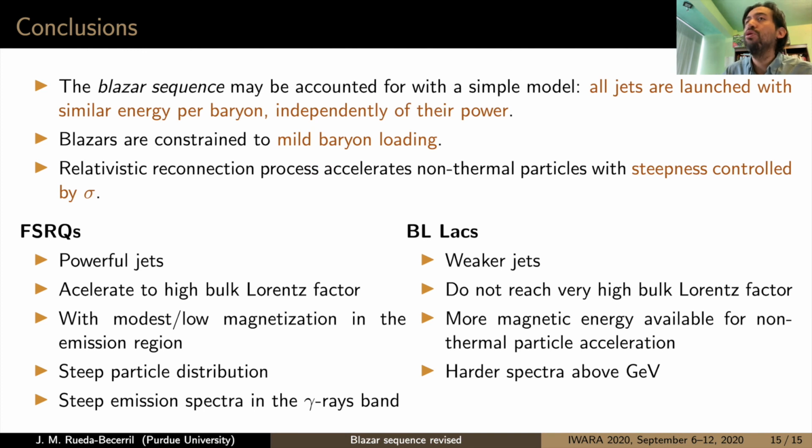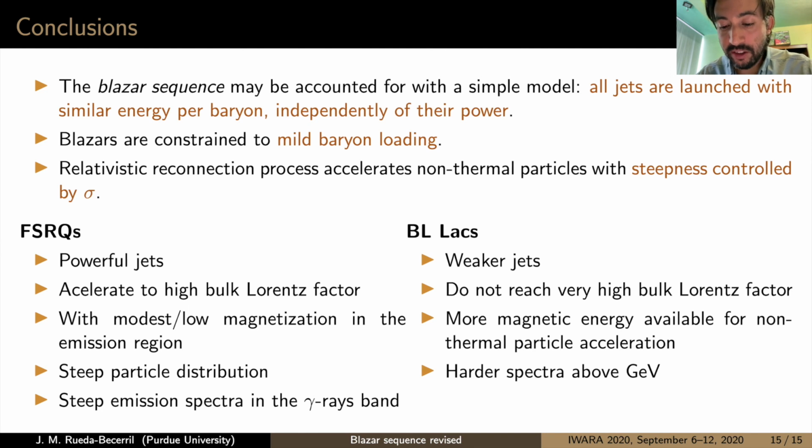So, as a conclusion, we get that the blazar sequence may be accounted for with a simple model. All jets are launched with a similar energy per baryon, meaning the baryon loading, independently of their power. And blazars are constrained to mild baryon loading, between 60 and 80, maybe.